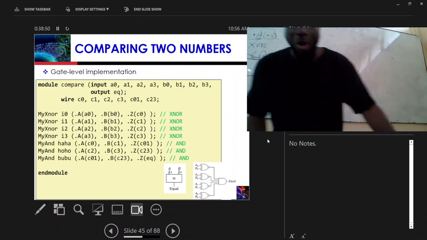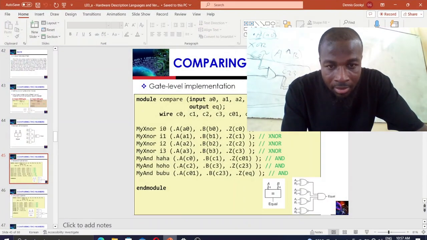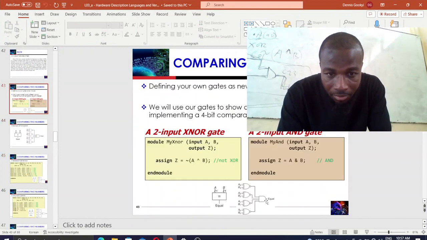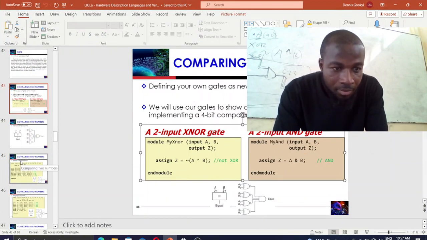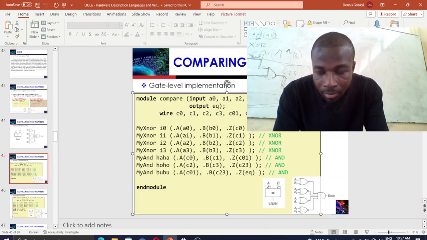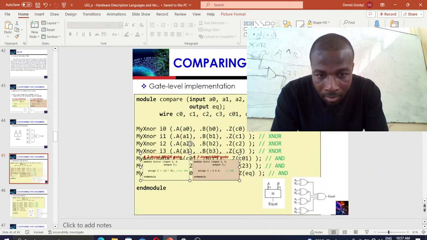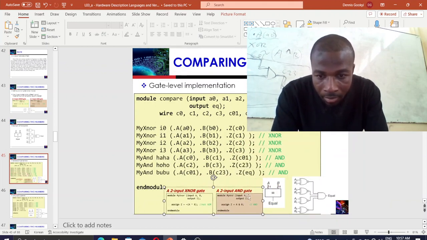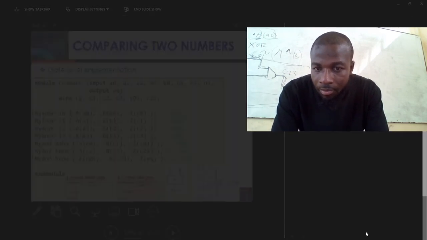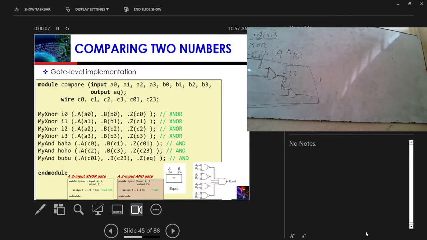Let me bring all those codes over there. Okay, wait. Okay, so you see that here is my XNOR, right?